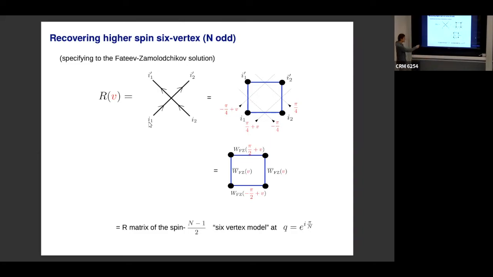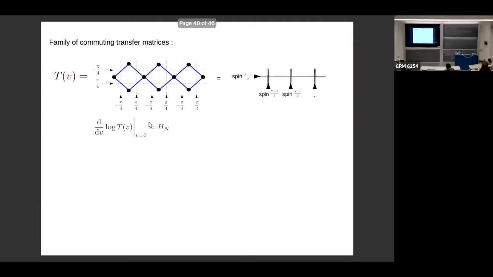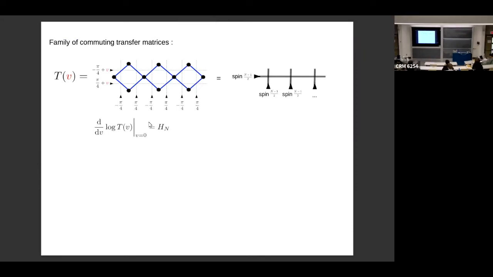And what I get is a 1-parameter R matrix, R of V, which I claim is exactly the R matrix of the spin n-1/2 six-vertex model at root of unity. So that's exactly what we want. Okay, well, that's a good start. So from there, we can build a family of commuting transfer matrices. So we have some vertical spectral parameters, some horizontal spectral parameters.